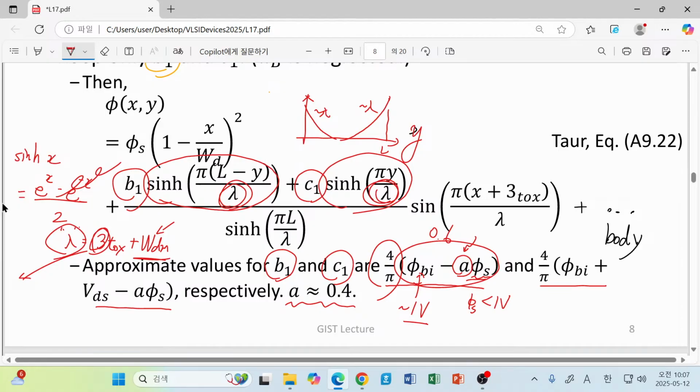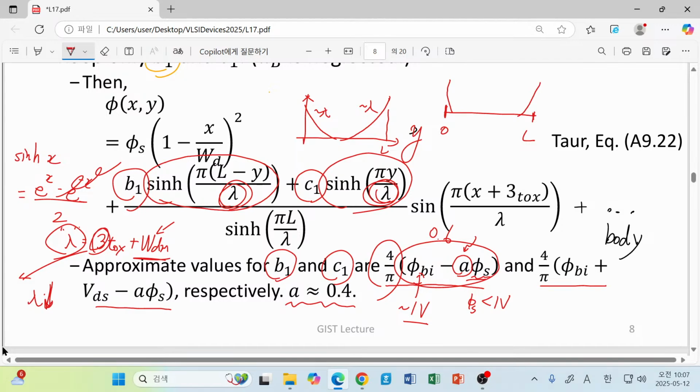If we can reduce this lambda down, if we can have a quite short lambda, it means that for the given length scale 0 to L, if our lambda is short, then its effect will be quite limited to the source and drain side.